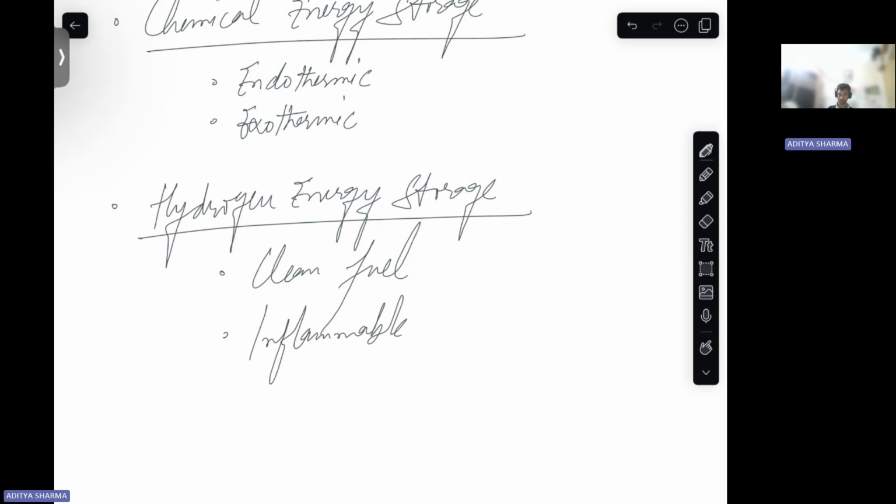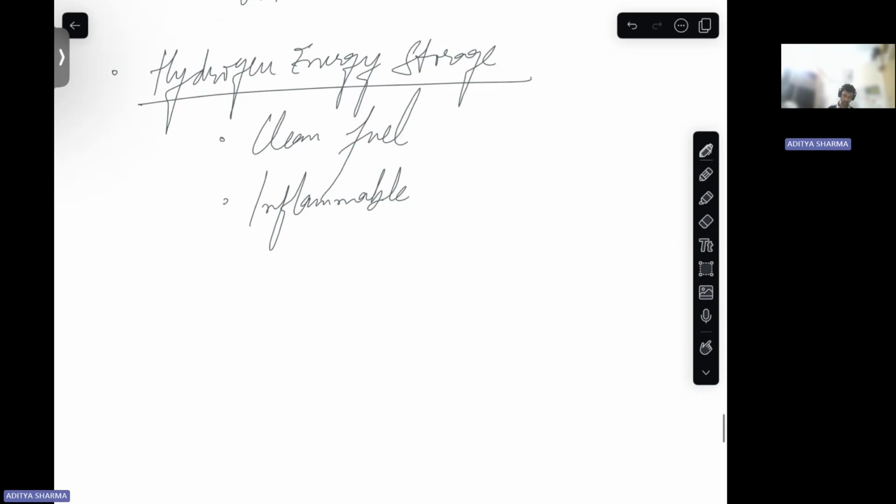So storing hydrogen is a task in itself. So what we do in that case, we use it either in the form of ammonia or metal hydrides.